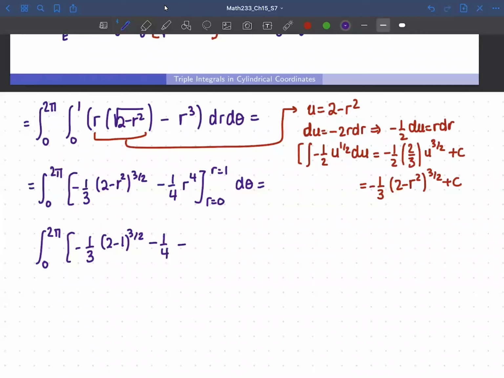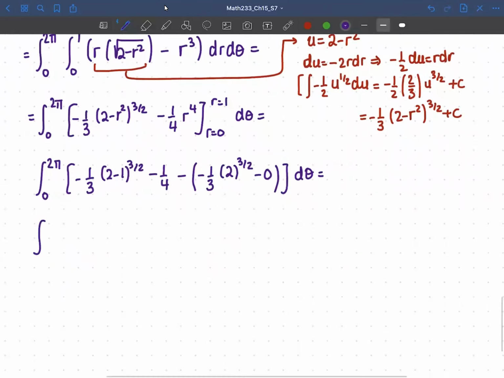Minus, for r equals 0, we'll get negative 1/3 times 2 to the 3/2, and then minus 0 for the negative 1/4 r to the fourth for r equals 0, times d theta. So that gives us the integral from 0 up to 2 pi of negative 1/3 from the first term, negative 1/4, and then plus 2 square root of 2 over 3, times d theta.